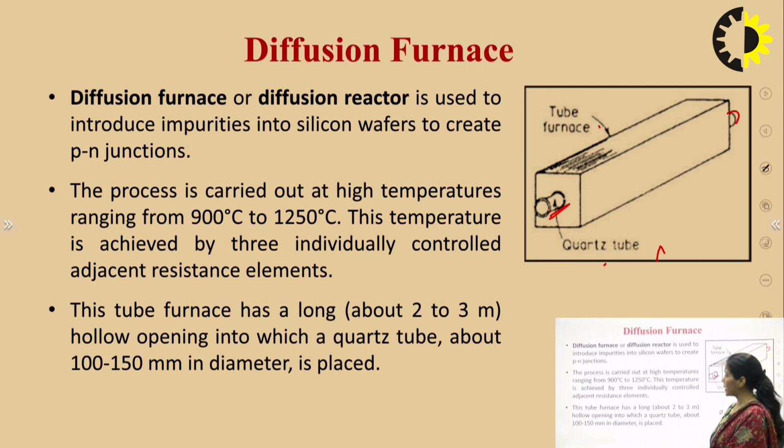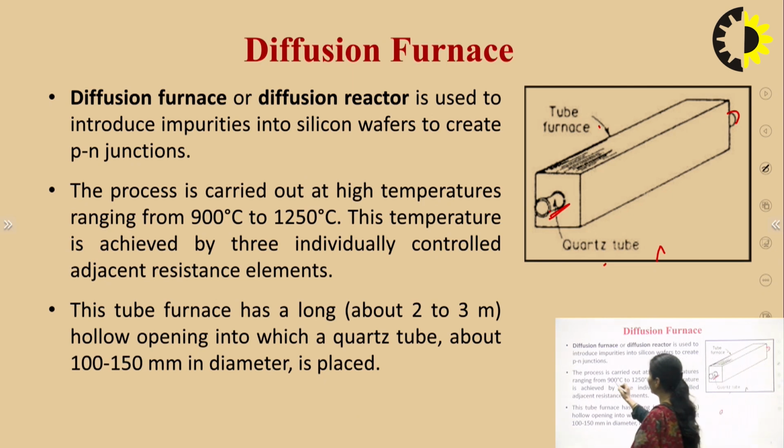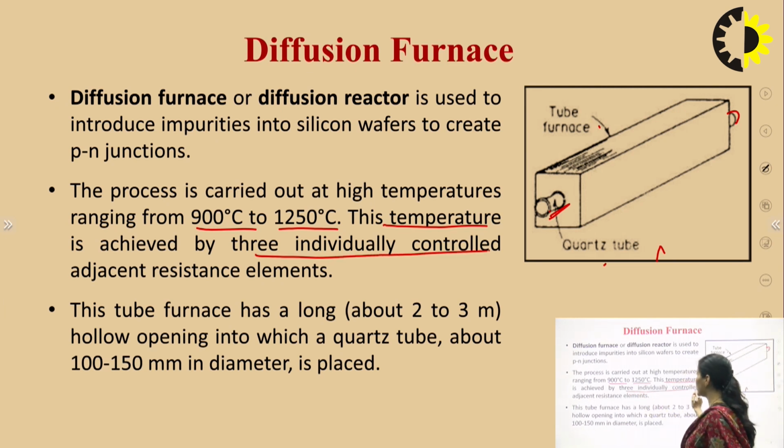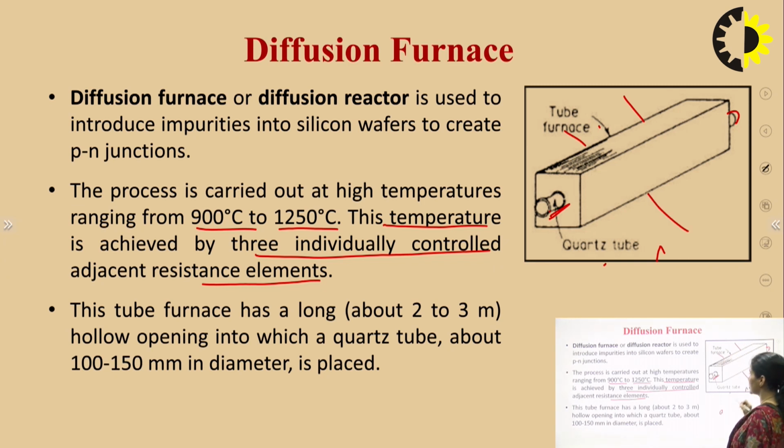So the process is carried at high temperature ranging from 900 degrees Celsius to 1250 degrees Celsius. This is the range of temperature at which the diffusion process takes place. And this temperature is maintained in this furnace by using 3 individually controlled adjacent resistance elements. Around this furnace there are 3 individually controlled adjacent resistance elements, and this is how the temperature of this furnace is maintained.